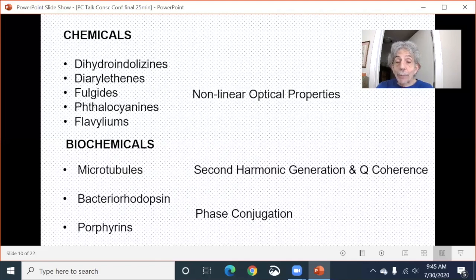The only 2 examples of biological molecules I could find in the scientific literature were bacteriorhodopsin and porphyrins, as I mentioned in the introduction, which actually do exhibit phase conjugation. So since we're not really interested in bacteria, at least in this lecture, we're going to focus on porphyrins.